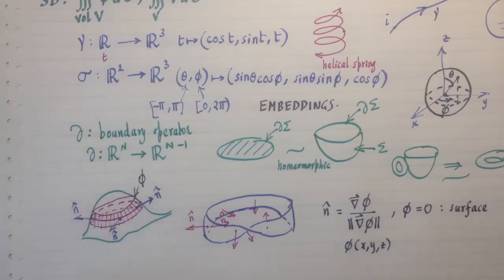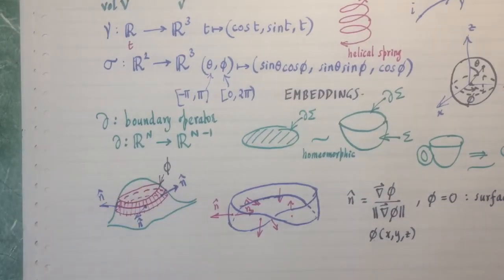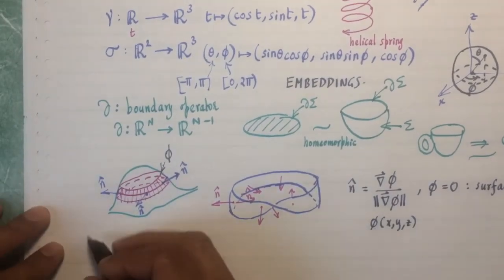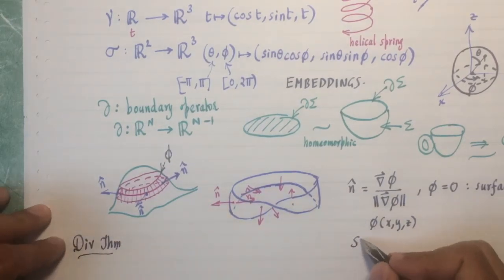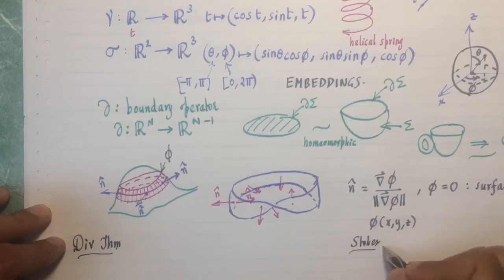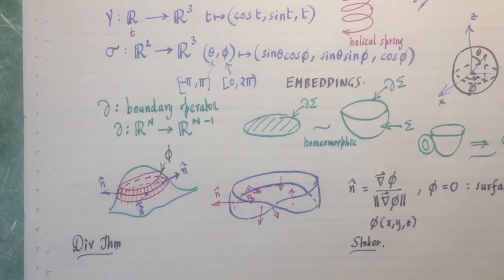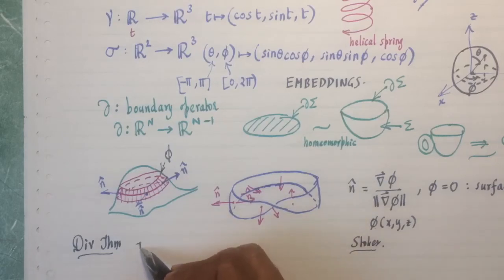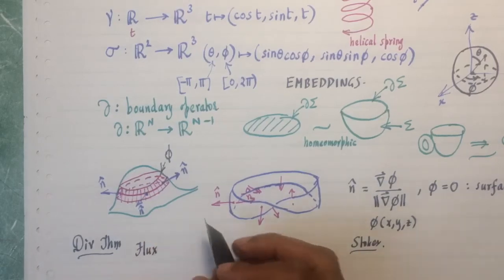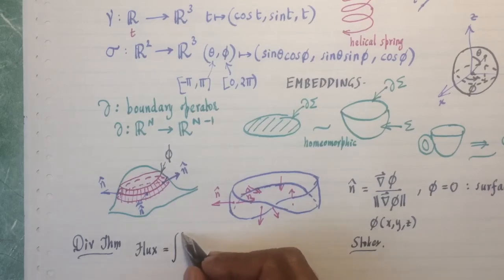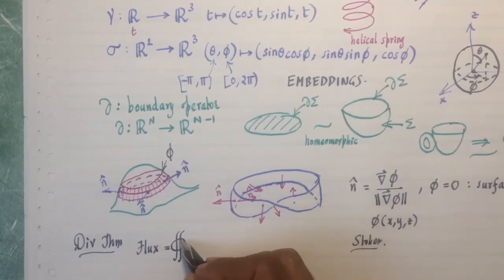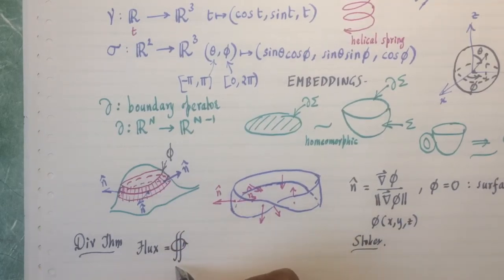So these are some of the different things I thought I should talk about before I launch into the famous theorems. There are two important theorems, and they're called the divergence theorem of Gauss, and the other one is called Stokes' theorem. The divergence theorem says something interesting. It says the flux of a vector field, which is going to be defined later, but I'll write it here, and I'll describe these symbols later on.